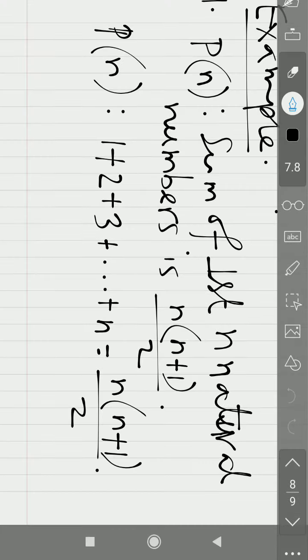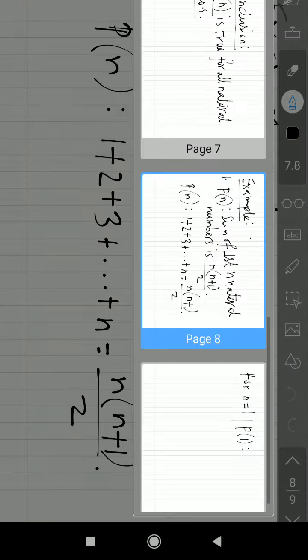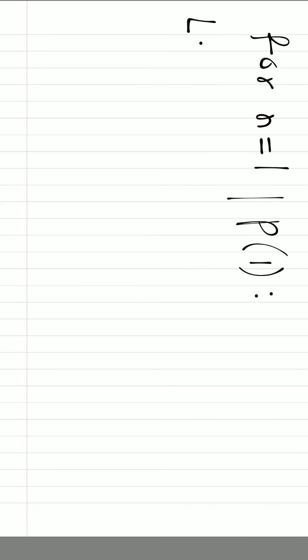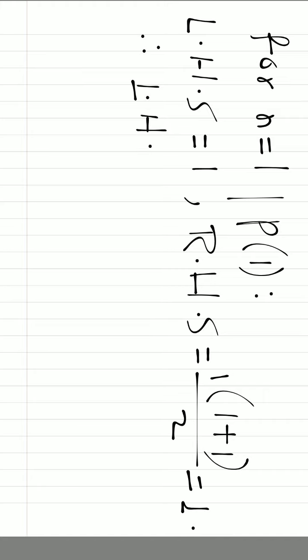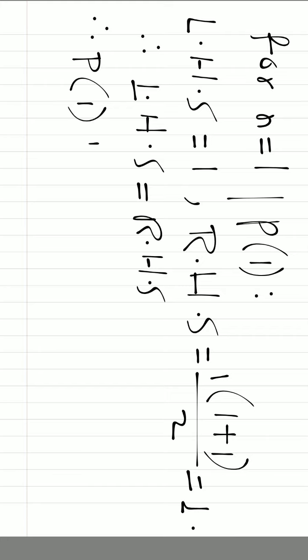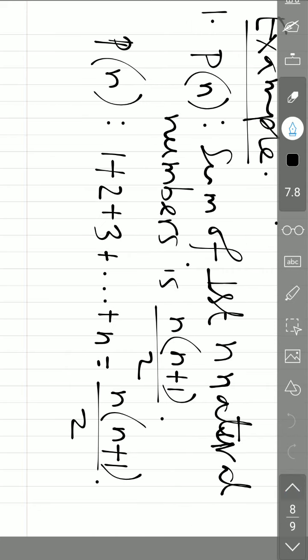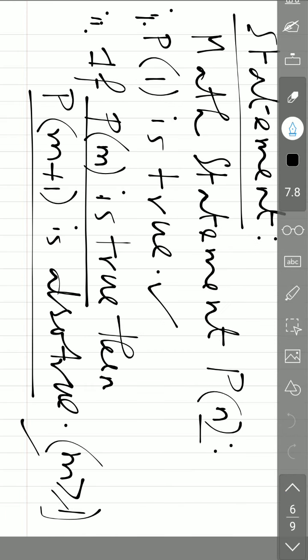So we can write the LHS to be 1, and the RHS here should be 1 into 1 plus 1 by 2. That means 1 again. So here we can conclude that LHS is equal to RHS. That means the statement P1 is true. So our first condition is satisfied, that is P1 is true.